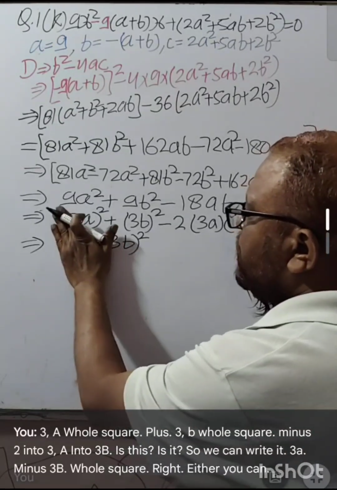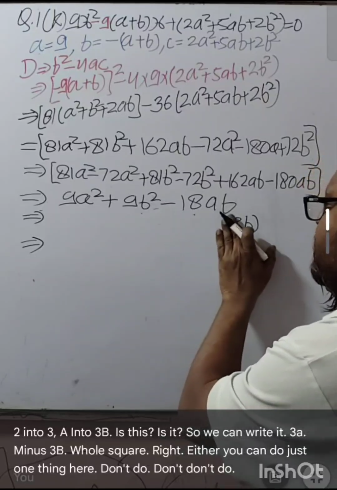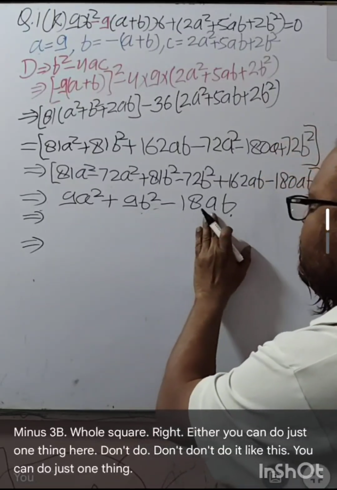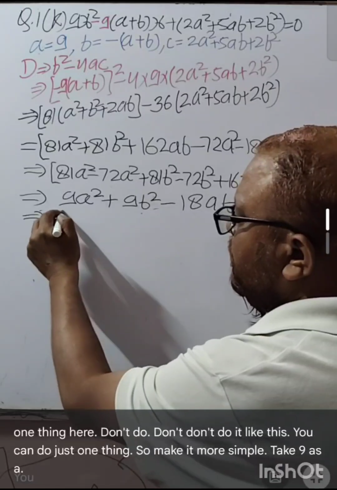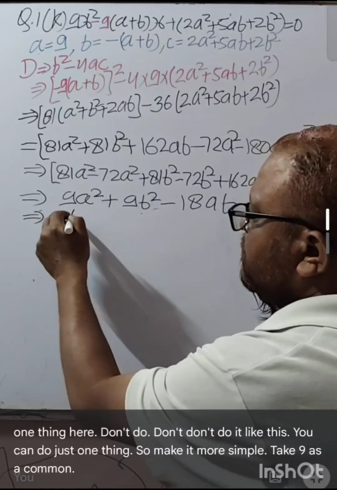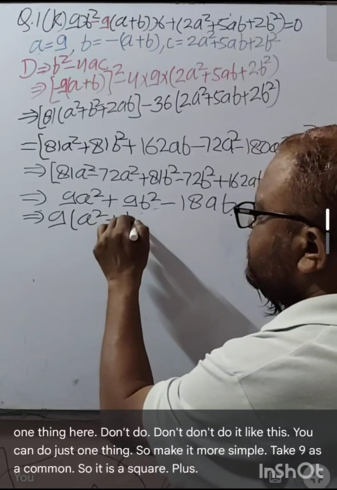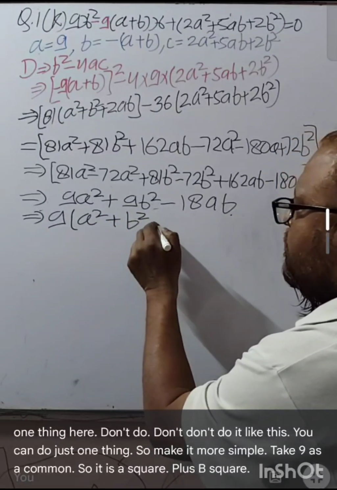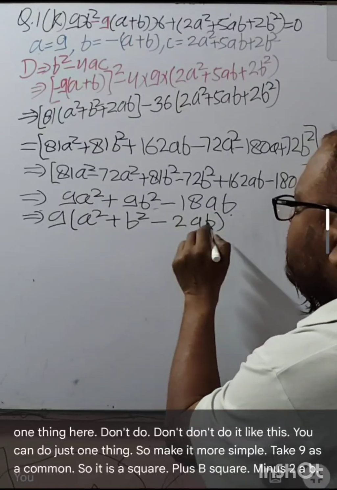You can do just one thing here. Don't do it like this. We can do just one thing. So make it more simple. Take 9 as common. So it is a square plus b square minus 2ab, right?